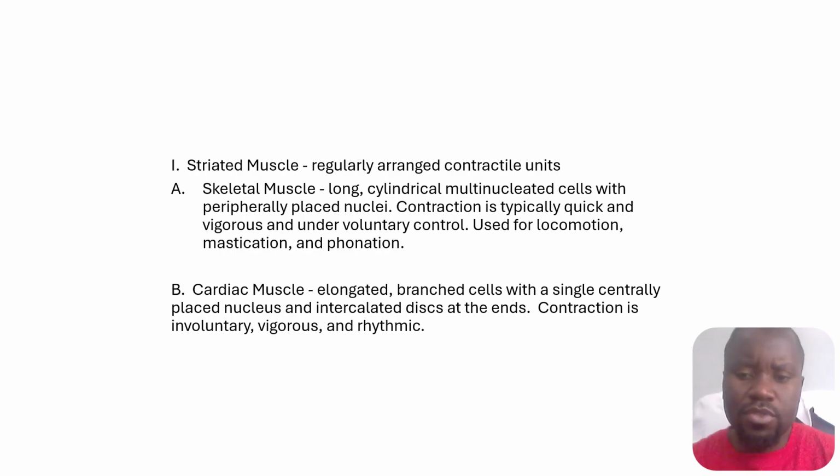So skeletal muscle, in terms of features, as we have planned that you need to know the features. What are the features? These are long cells and they are cylindrical in nature. Because of this, they are also referred to as muscle fibers. Fiber as in a string, because they are cylindrical and long, they are called strings or muscle fibers as well.